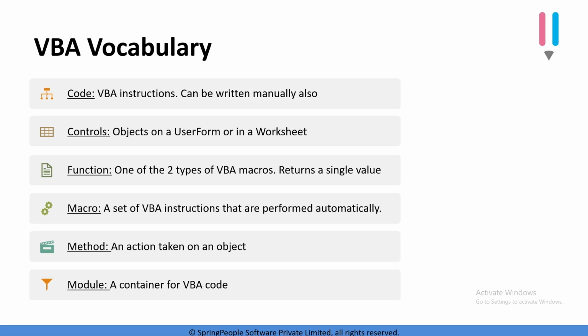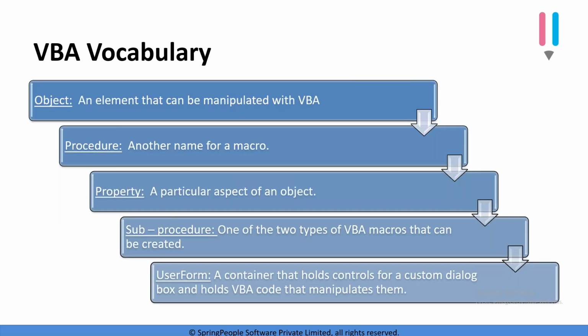So that is considered to be one sub procedure. Anything you write between those two becomes a macro for you. It's called a macro through Excel, but in VBA, we call it a procedure. And a property is any attribute for a particular object.